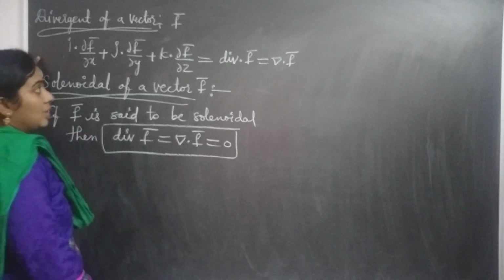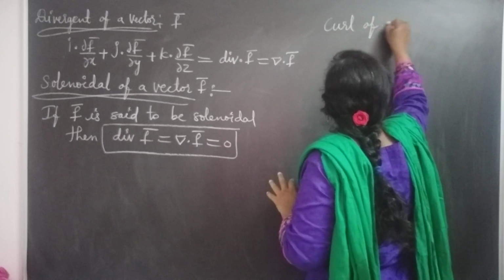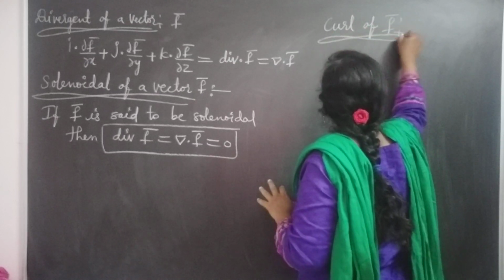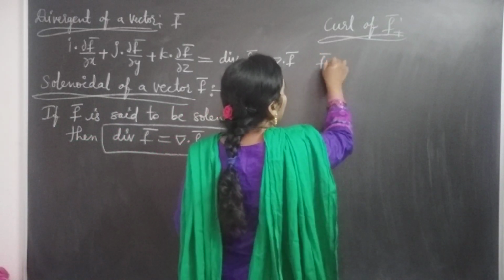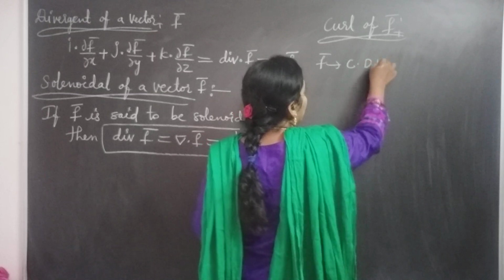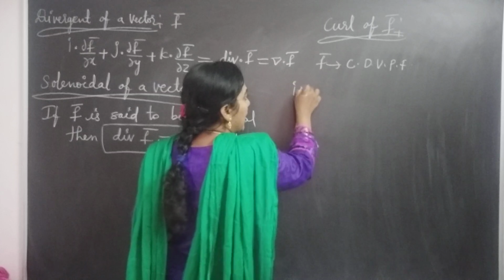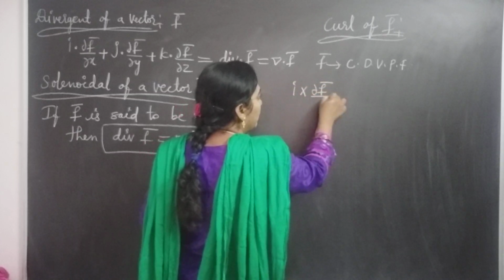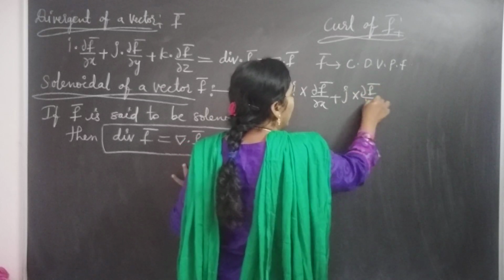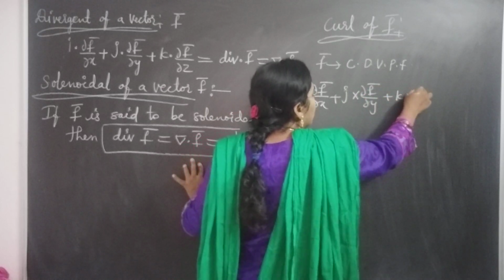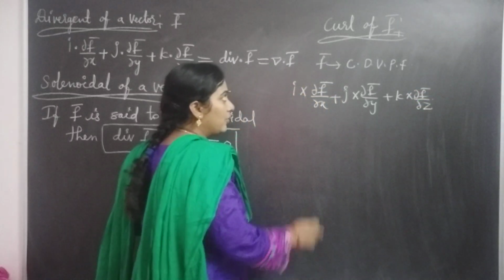In the same case, curl of a vector. Curl means, in this also, f vector is a continuously differentiable vector point function, and it is defined as i cross dou f bar by dou x plus j cross dou f bar by dou y plus k cross dou f bar by dou z, which is said to be the curl of f vector.